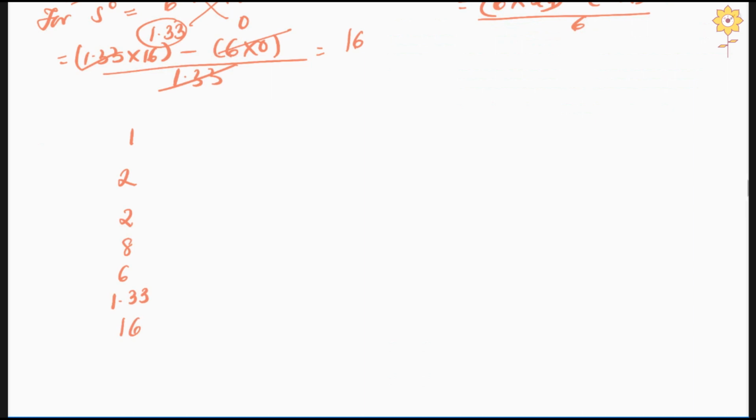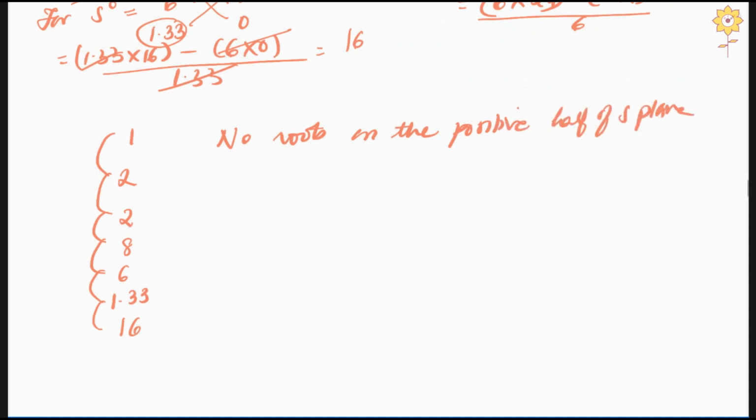Since there are no sign changes in the first column, there are no roots on the positive half of the S plane, right. So, why do we say there are no sign changes? Since all the numbers are positive, the sign is not changing from positive to negative. So, there is no sign change in the first column, hence no roots are present on the positive half of S plane.